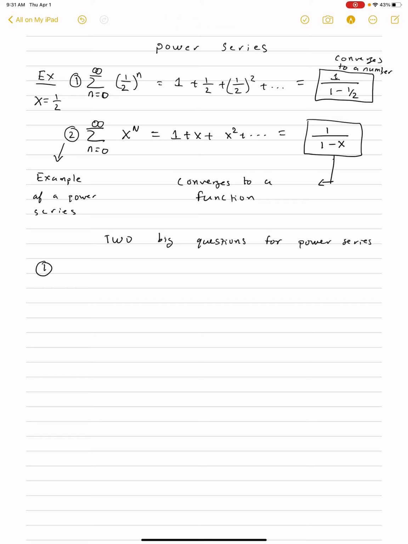So the first question is, to what function does the series converge? So in our example, it converged to 1 over 1 minus x.